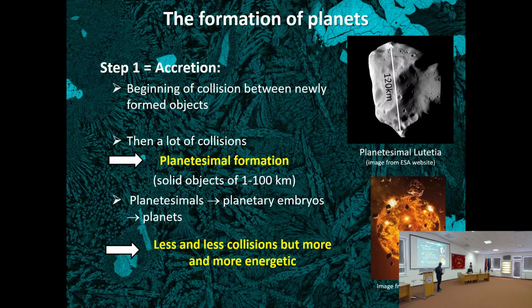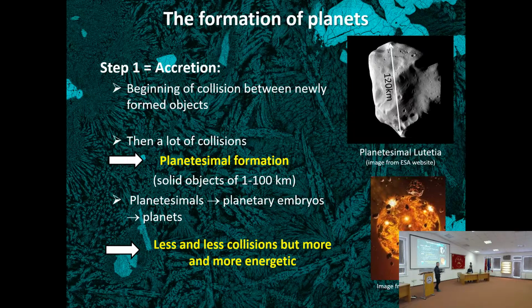So at the beginning, we have a lot of collisions. We have objects, planetesimals, then they grow bigger, there are planetary embryos, and eventually we have planets. We start with objects that are about 1 to 100 kilometers. Eventually, we have a rocky planet.